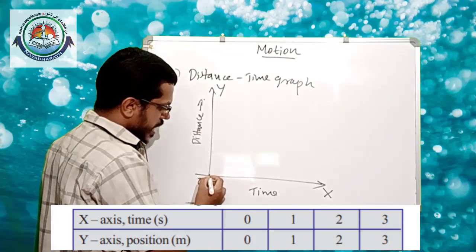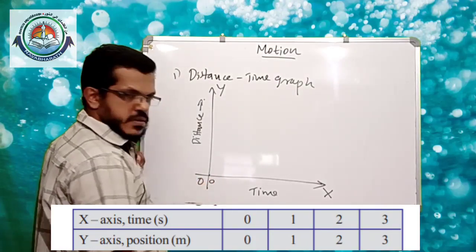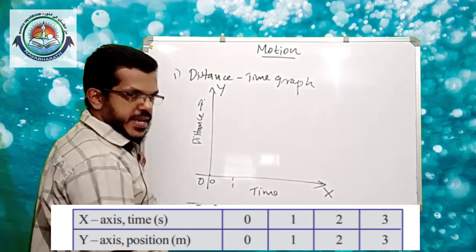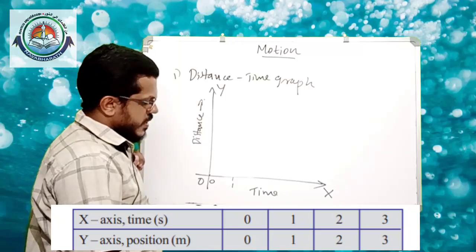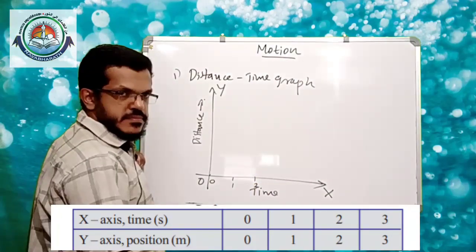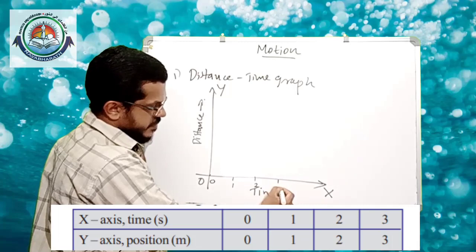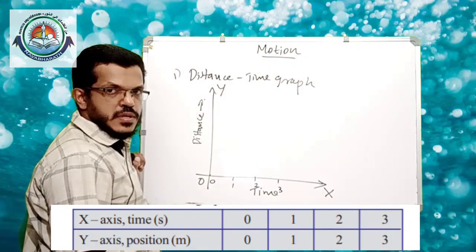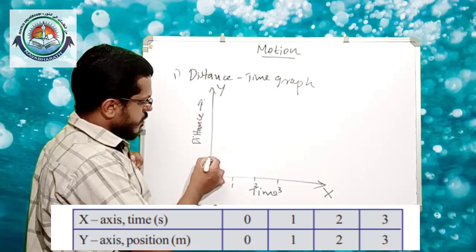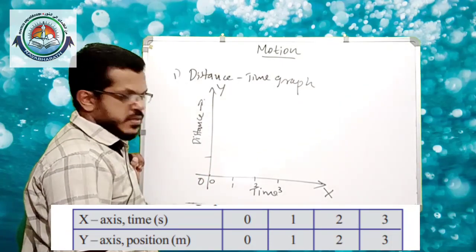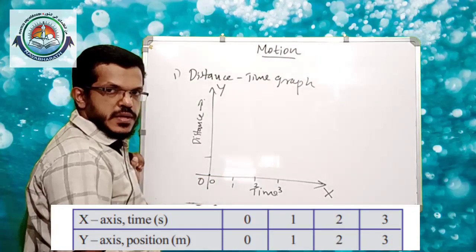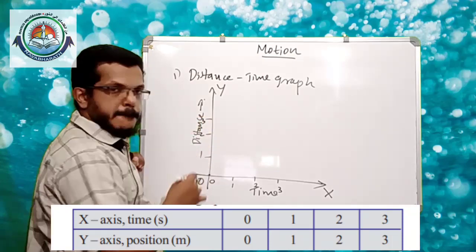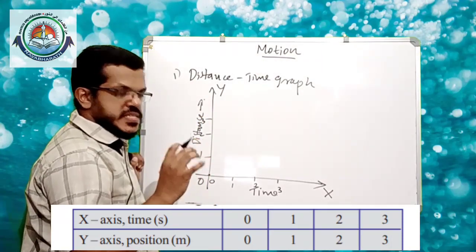The time starts from 0, and the next times are 1 second, 2 seconds, 3 seconds, like that. And what about the position on the y-axis, distance or position? The first position is 0, and then 1, 2, 3. These are the values given in the table.